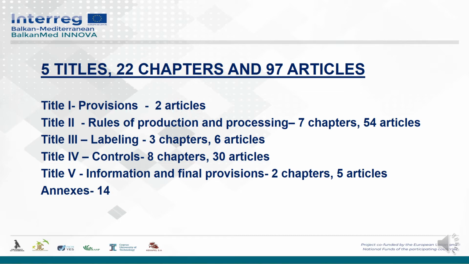Title 1, which is titled Provisions, has 2 articles; it is a short title. Title 2, rules of production and processing, includes 7 chapters and 54 articles. As you see, it is the longest title.